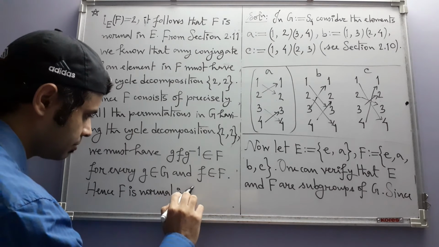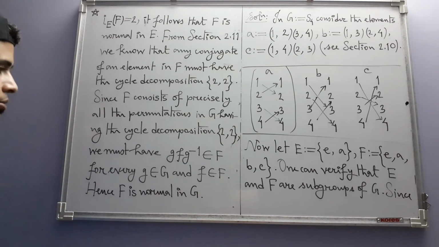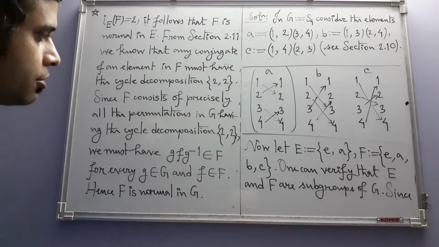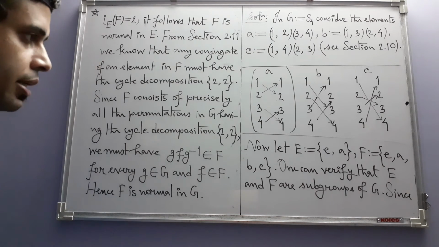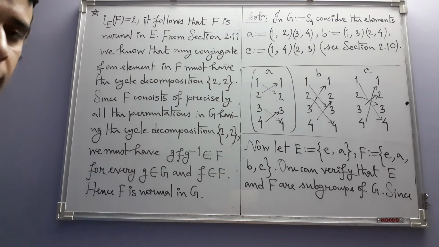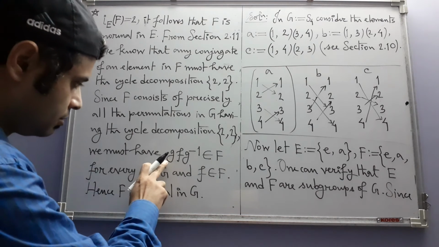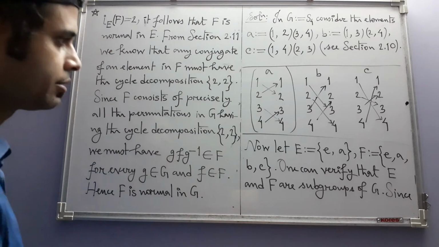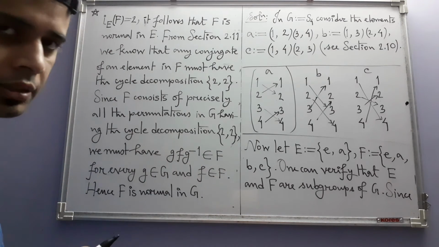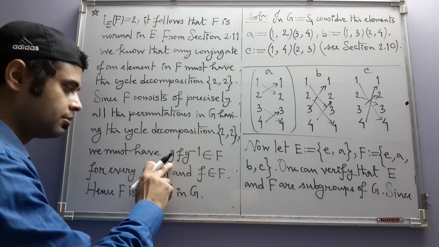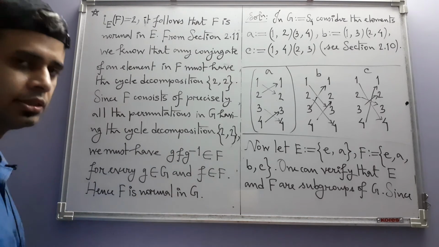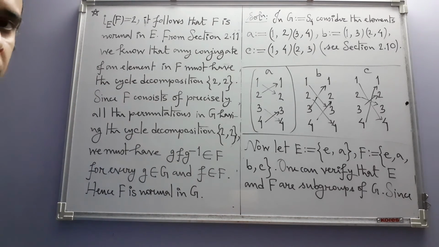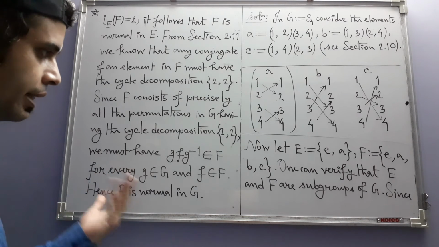F is normal in G. One can also show this directly by performing that calculation, where one calculates all such conjugates by considering all the possibilities of small g from S4, because the number of elements in S4 is finite, so one can do that.